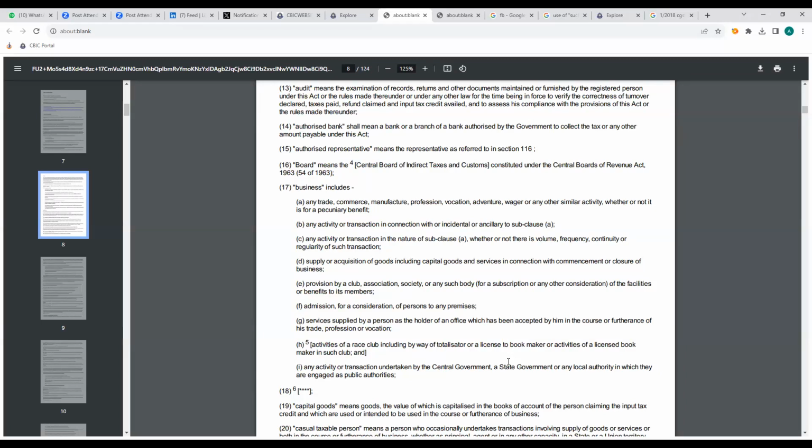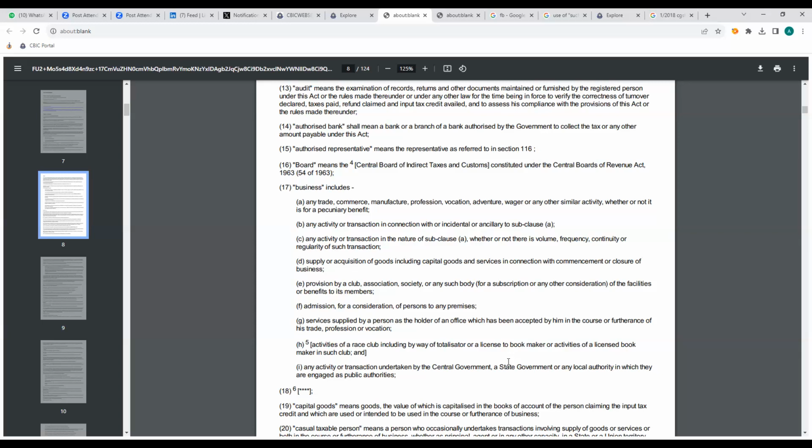Yes, what I am trying to highlight is that the services which are being provided by the government, by virtue of section 2 clause 17I, are sought to be included by the department within the scope of supply.